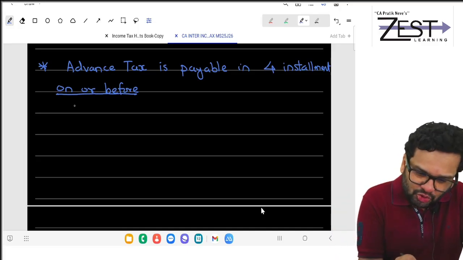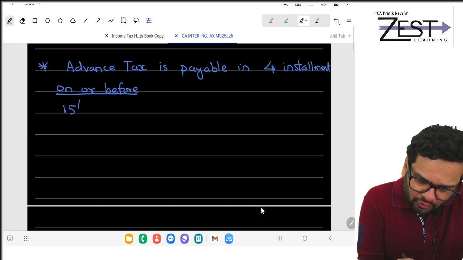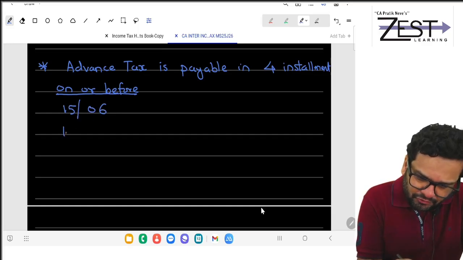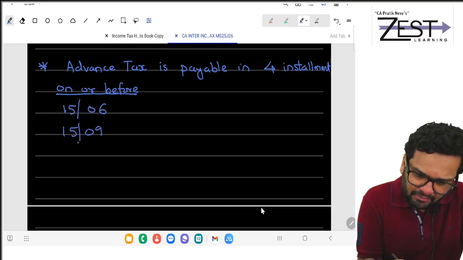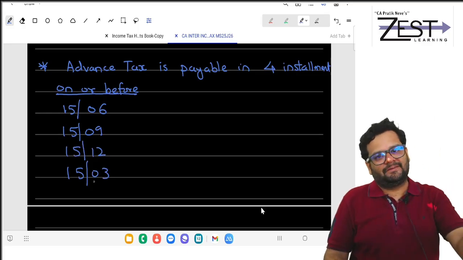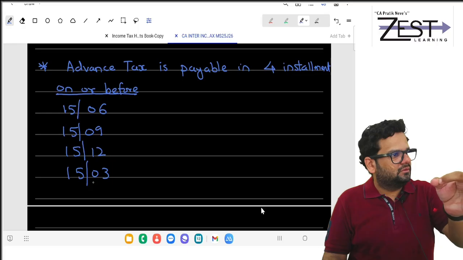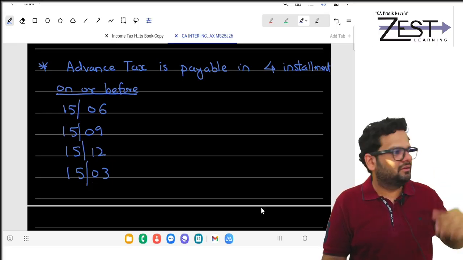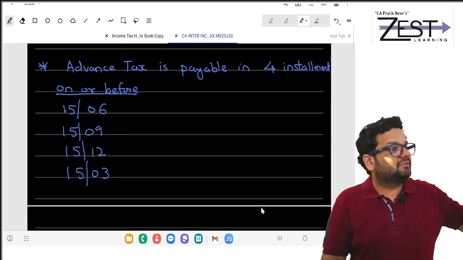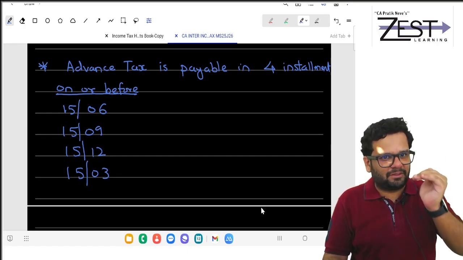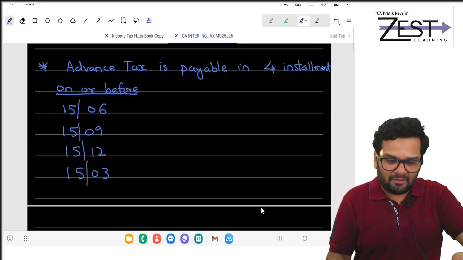So April, May, June: on or before 15th of June, on or before 15th of September, on or before 15th of December, on or before 15th of March. June, September, December, March. Easy to remember? And every month 15th.